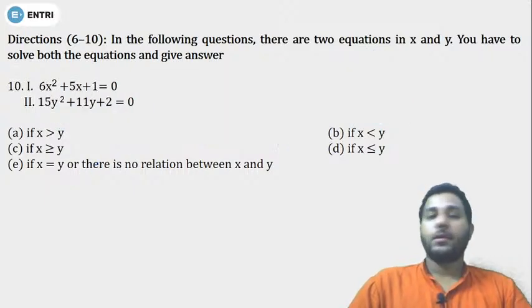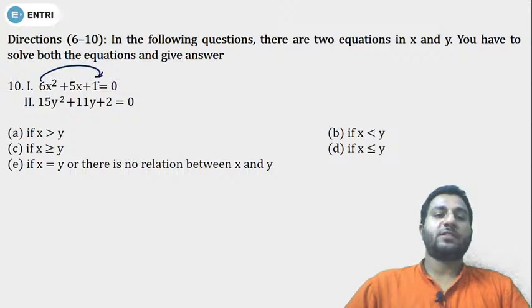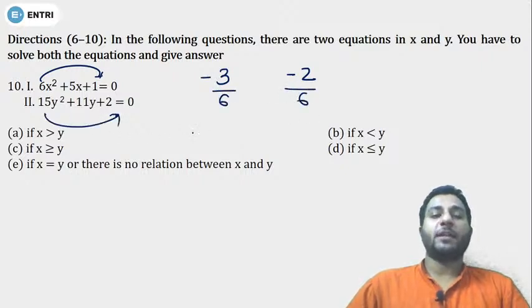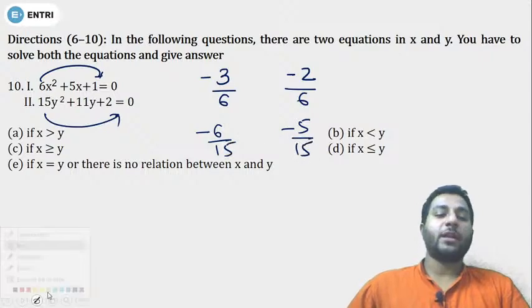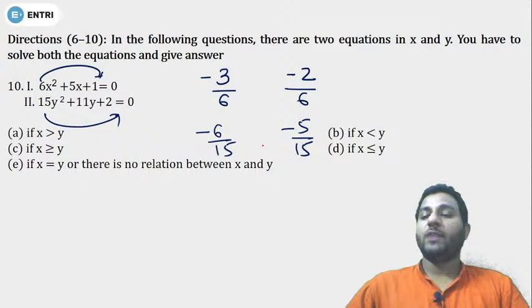Next, 6 ones are 6. So clearly 3 and 2, minus 3 and minus 2 will be divided by 6. 15 twos are 30. 30 means 6 and 5. Minus 6 minus 5 divided by 15. Now what you can do? You could divide all the values and find out the point, but do not divide it because the LCM of 6 and 15 will be 30.